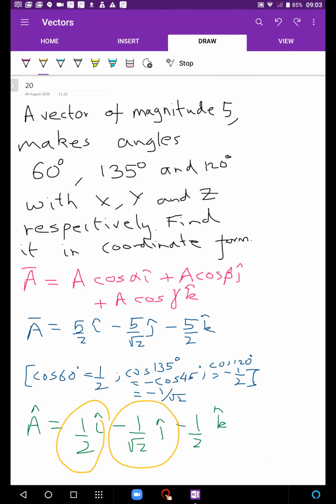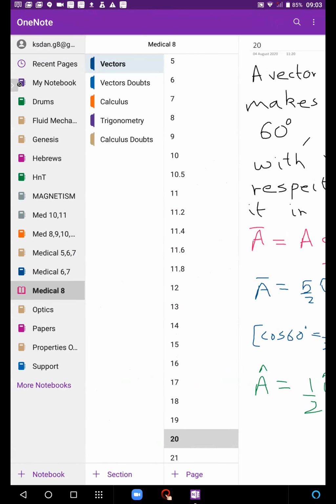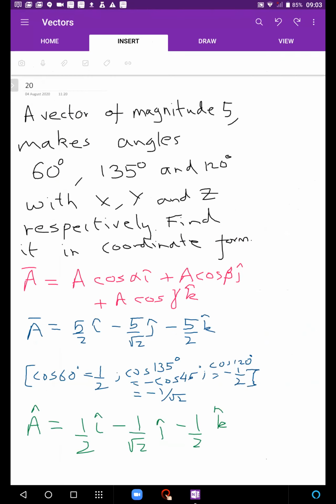That is my unit vector. Any more doubts? All right. कोई लिख रहा है? Anyone wants to say wait? Okay.